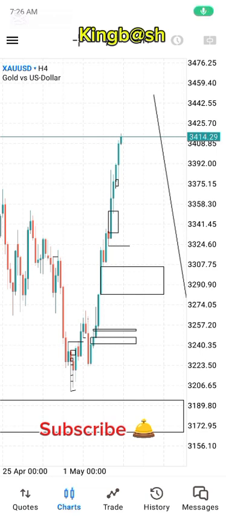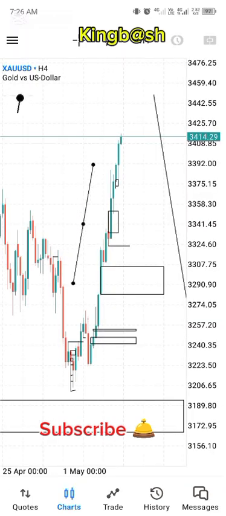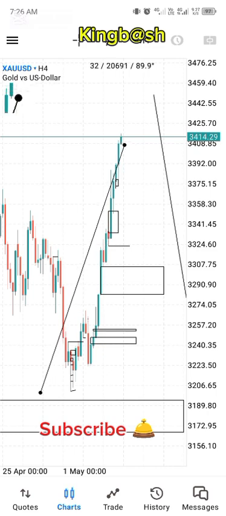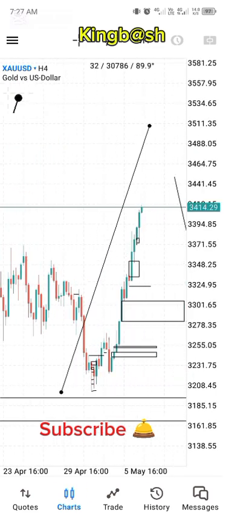Coming to the 4 hour time frame now, you can see price is also in an uptrend. Price broke this high, and price is now bullish to the upside. So we are targeting the overall high here on the daily time frame.